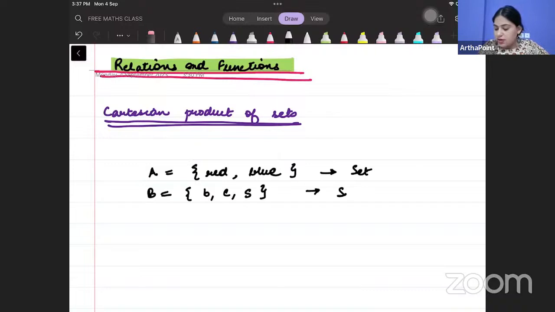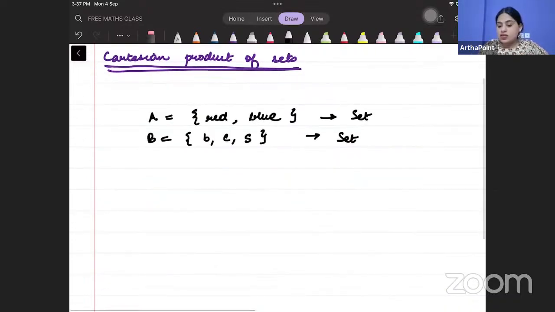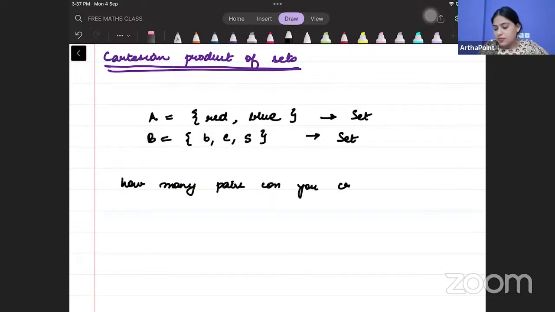This is another set, B. If I want to ask how many pairs can you create? कितने pairs हम बना सकते हैं इसमें से, है ना?